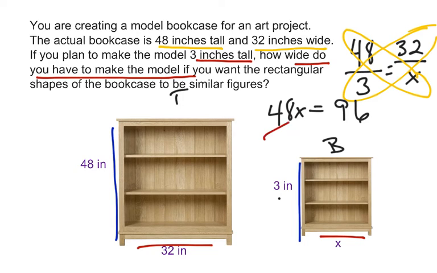Then we can isolate the X by dividing by 48. The opposite of multiplication is division. And when we divide 96 by 48, we get 2. So we have X equals 2 inches. So that's the first way we can solve the expression.